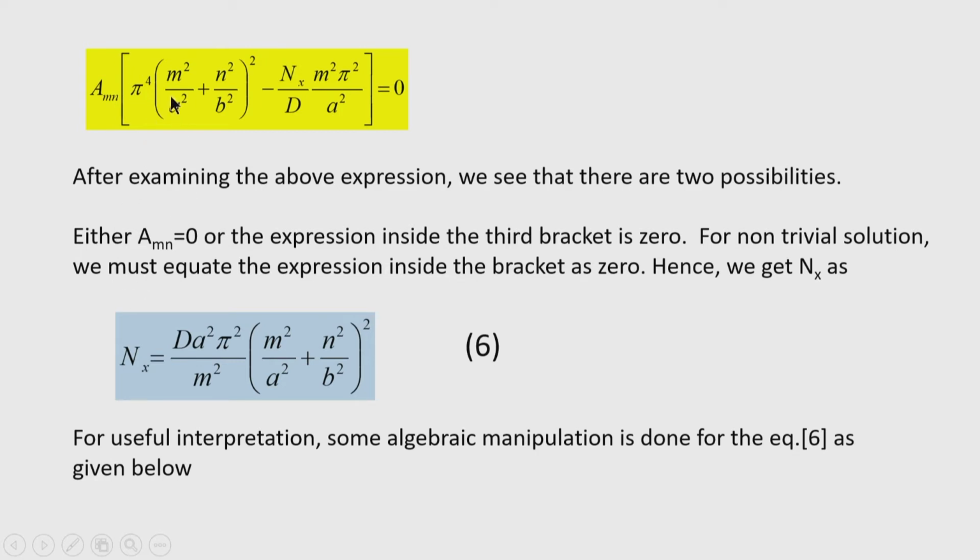So, taking this quantity to be 0, our target is to find N_x. So, N_x becomes D a² π² by m² into (m²/a² + n²/b²) whole square. So, this is the in-plane force N_x that we want to find, and we want to find what will be the critical load in the x direction. So, what is the critical value of N_x?